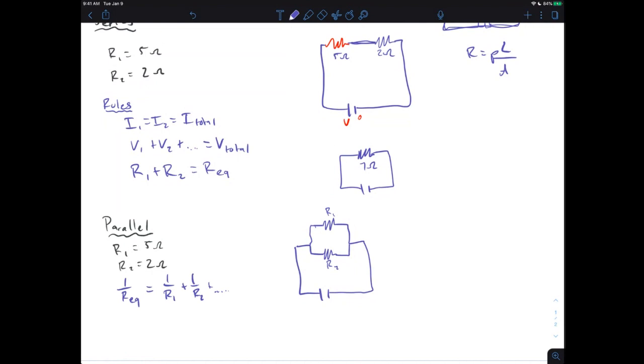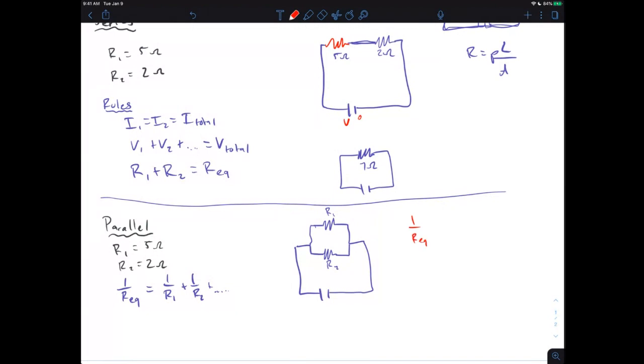But if I had R1 was 5 ohms and R2 was 2 ohms, before when we did this, we combined them and got 7 ohms, right? Now we're going to combine them and see what our equivalent resistance is.